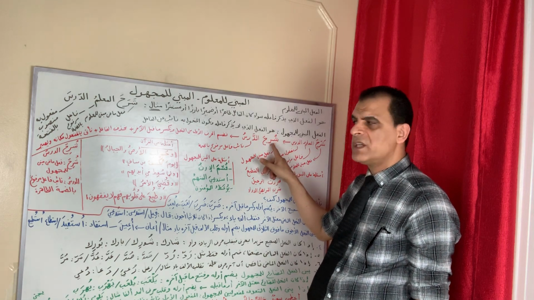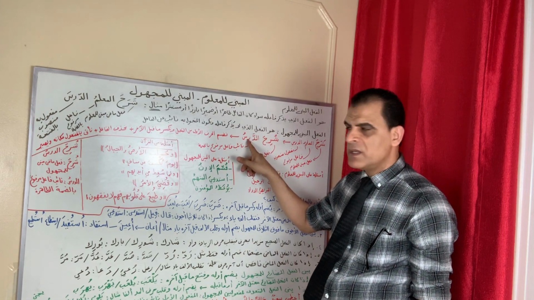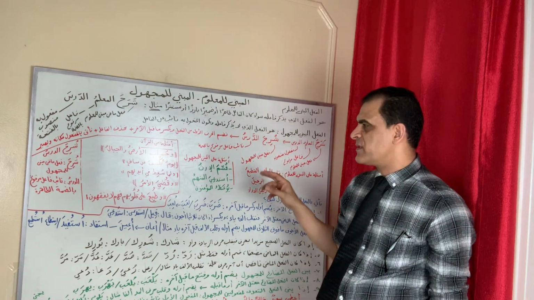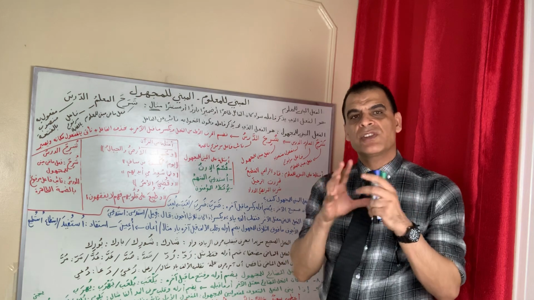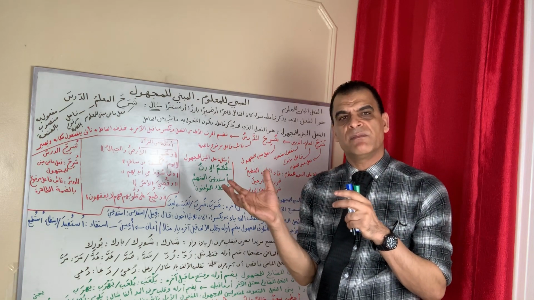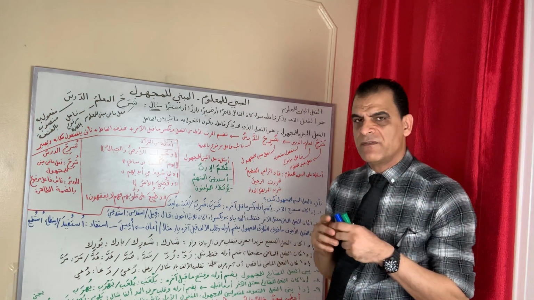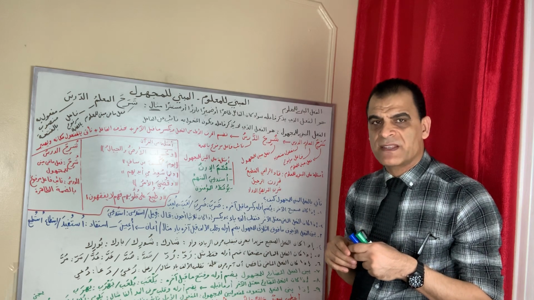And الدرس became the نائب فاعل, and now it's a passive sentence. So this is how we switch from active to passive with a verb in the past.